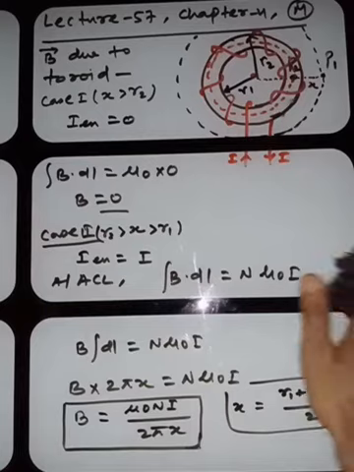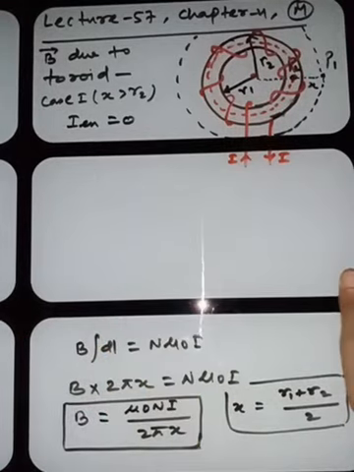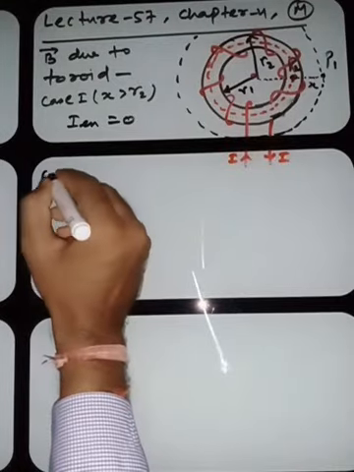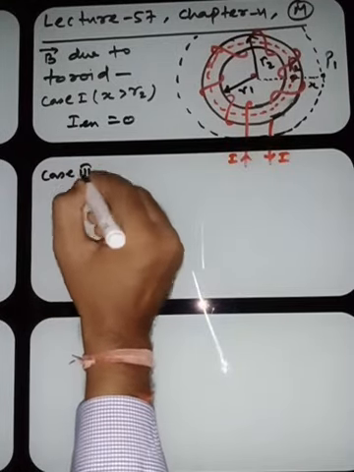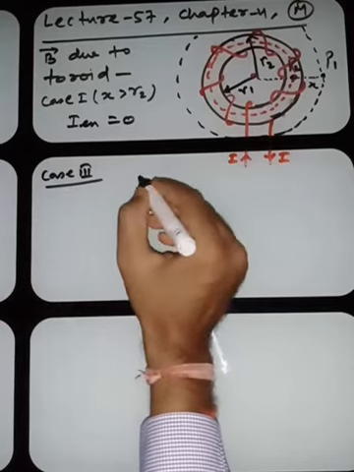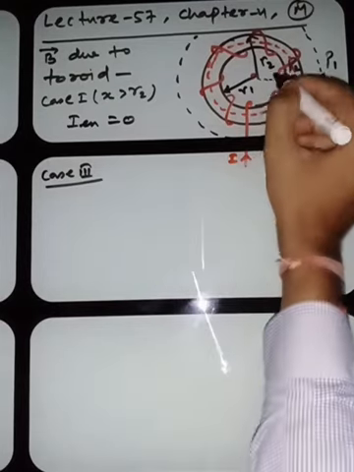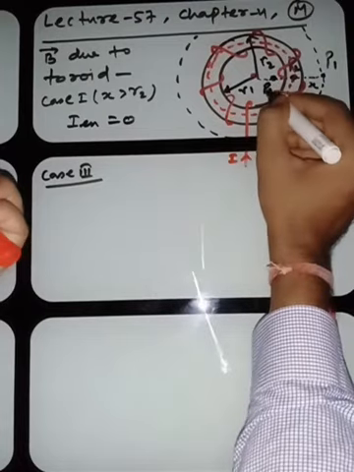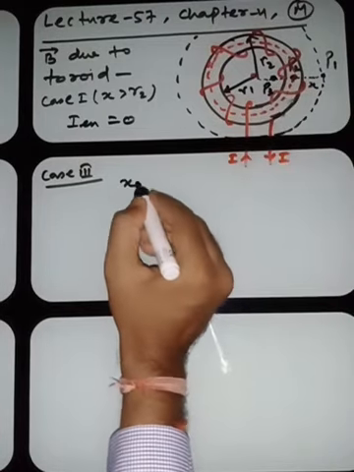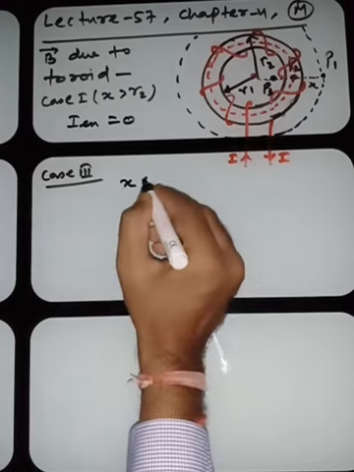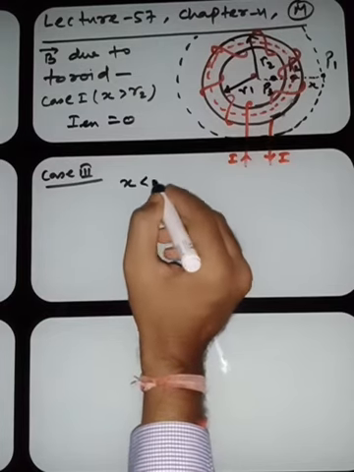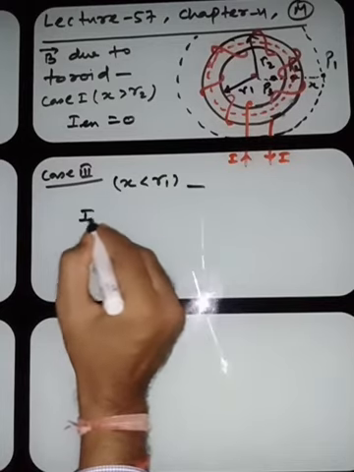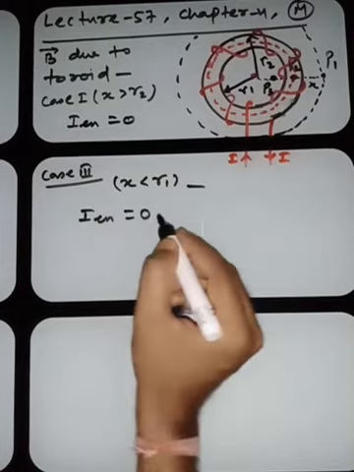Now the next, case 3. Here we are going to find the magnetic field somewhere here. This is the point P3, and x will be less than r1. Here again you can see the I enclosed is 0.